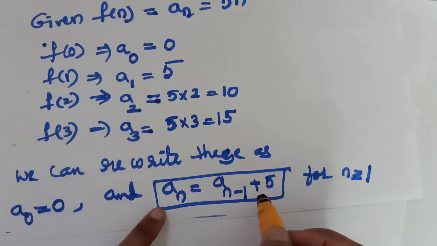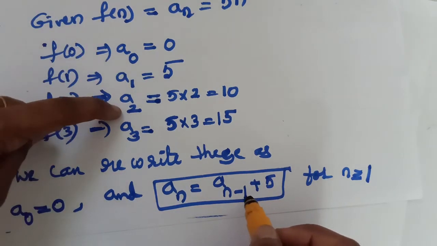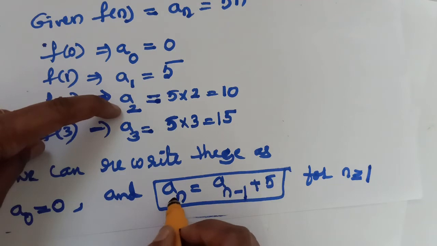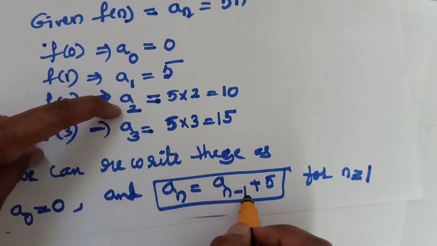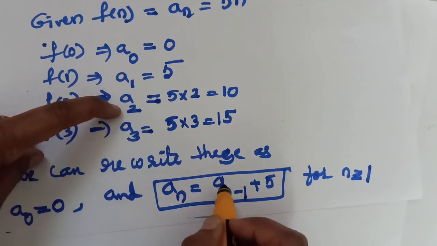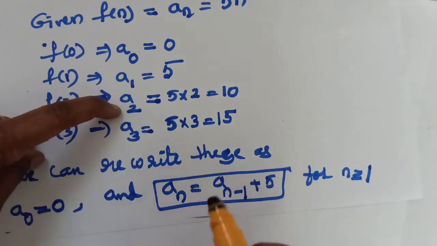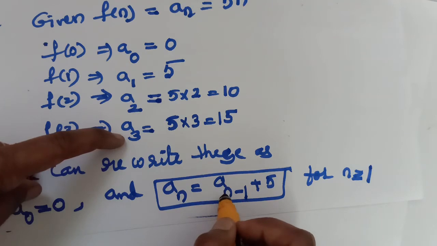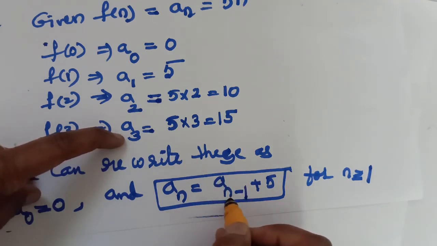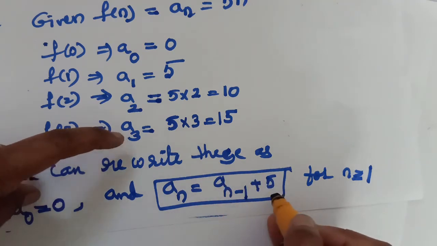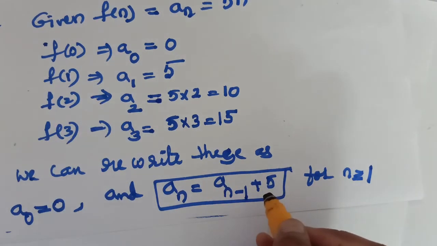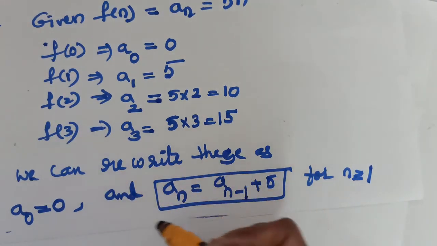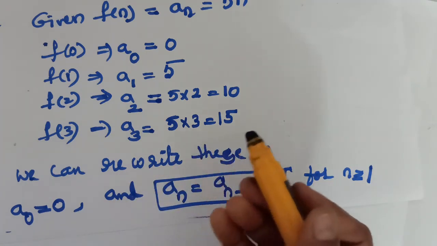So you got the a1 value, that is correct. a2 is equal to a2 minus 1, that is a1. a1 is 5, 5 plus 5 is 10. Next, by substituting n equal to 3, 3 minus 1 is a2. a2 is 10, 10 plus 5 is 15. So what is a4? a4 is 20, a5 is 25.